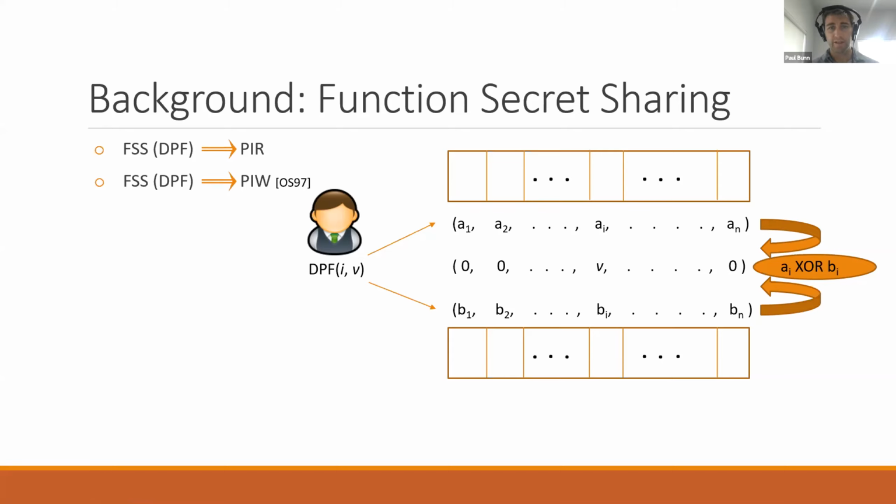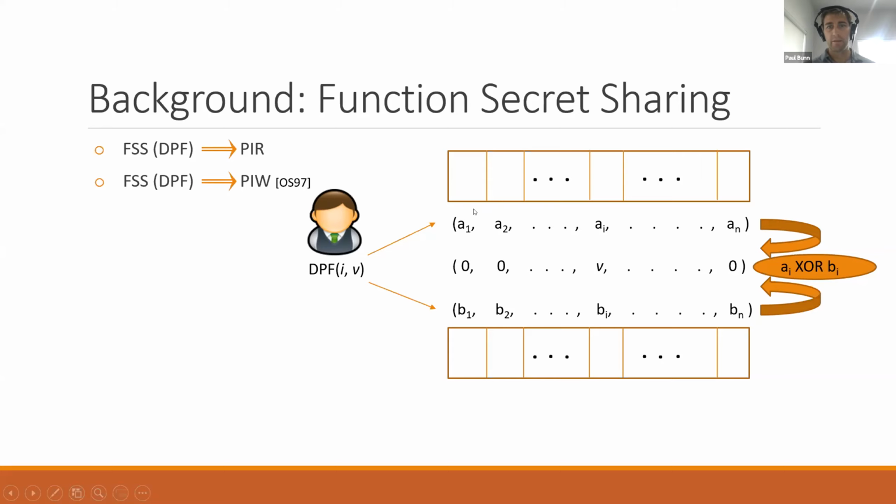But anyway, from the DPF's perspective, the client deals keys for this DPF function, with the same property. Each server evaluates at every possible point. And the property is that if they were to XOR their shares, it would be 0 everywhere except for a v in the position i.